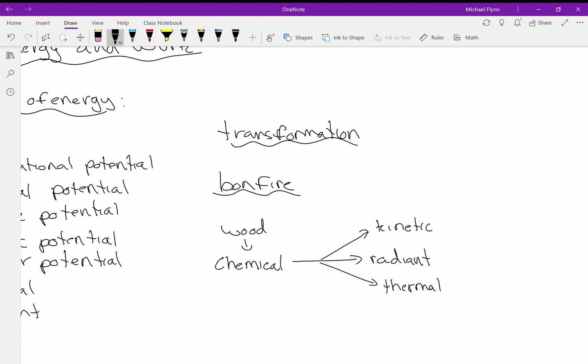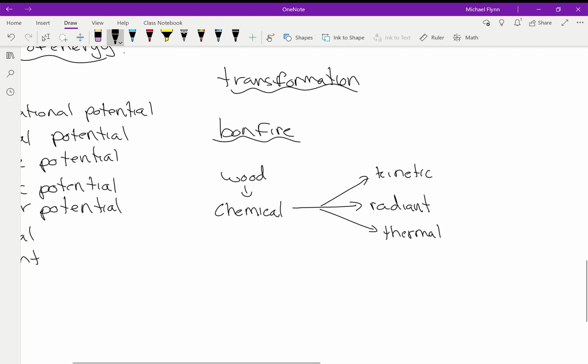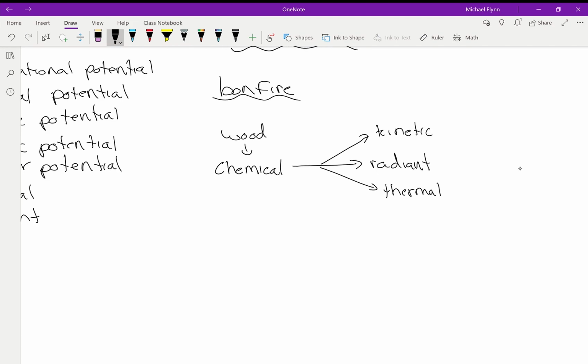Okay, so what's happening is this is called a transformation. It's not really an equation, but this is called the energy transformation process, where one form of energy is converted into 3 different other forms of energy. And that's what happens at a bonfire.